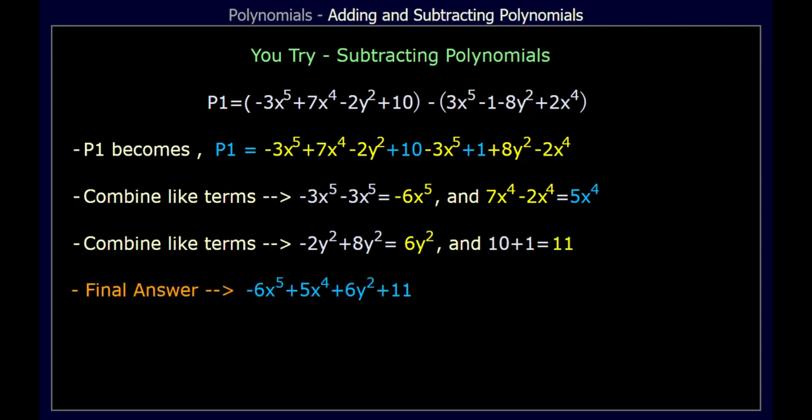Just combine all the answers together. And then I'm done. So don't forget, when you're subtracting polynomials, you got to distribute that minus sign, which is the same thing as flipping all the signs, or using two minuses as a plus.